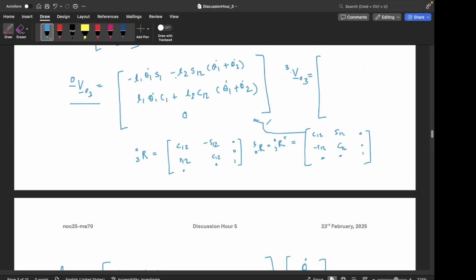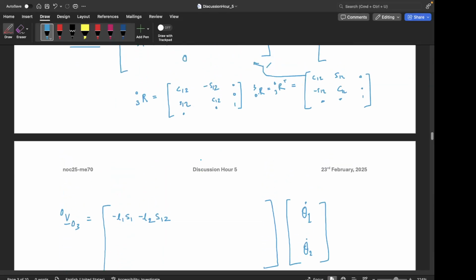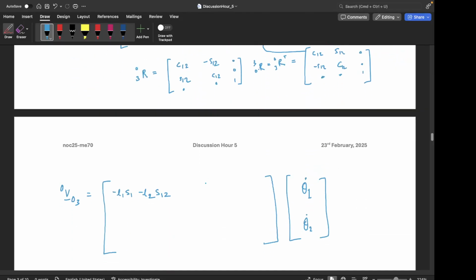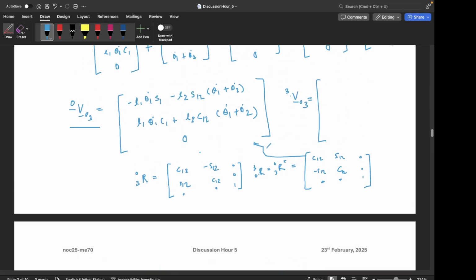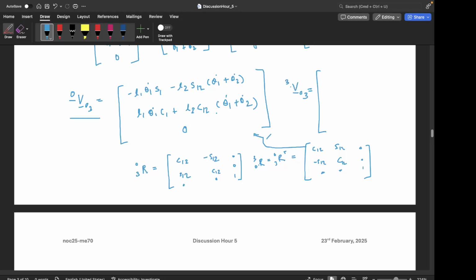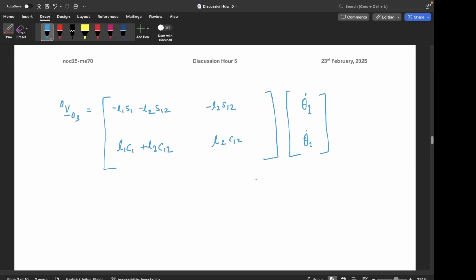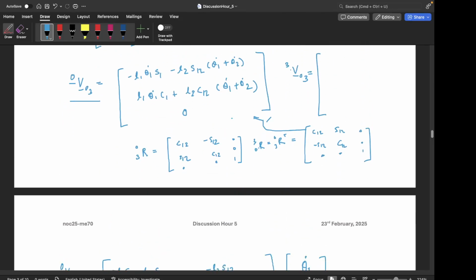With respect to θ2 dot, we have one term only, that is minus L2 S12. Now the second row: with respect to θ1 dot, we have L1C1 plus L2C12, and with respect to θ2 dot, we have L2C12. Right, so if you multiply, you get back the same thing.